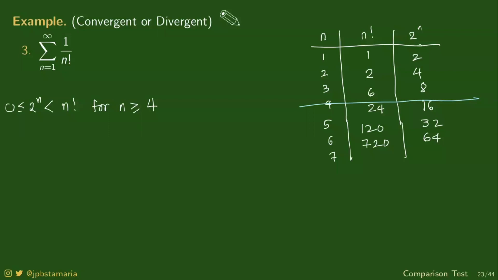Bakit ko naisip to? Kasi, if you take the reciprocal, 1 over n factorial, mas maliit ngayon to sa 1 over 2 to the n. Ang 1 over 2 to the n ay 1/2 raised to n. Oh, that's familiar, di ba? Okay?